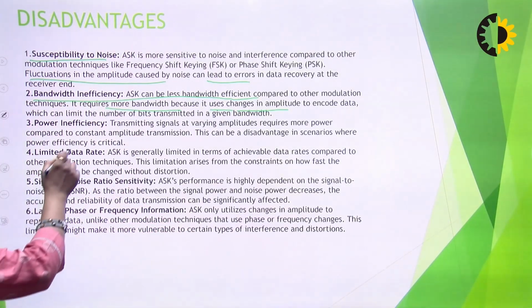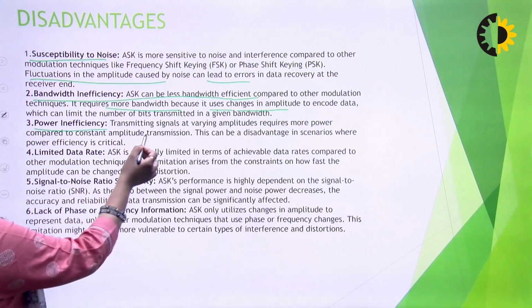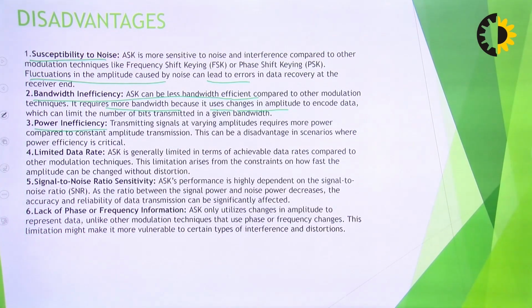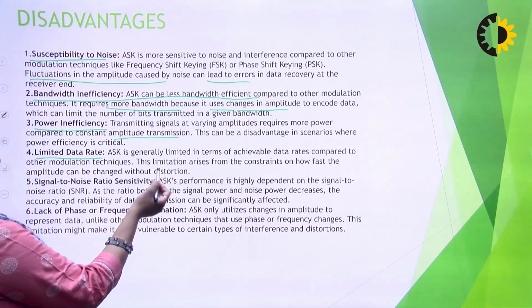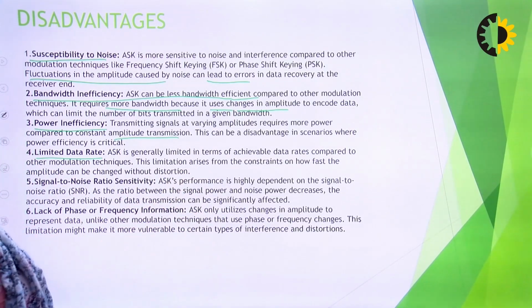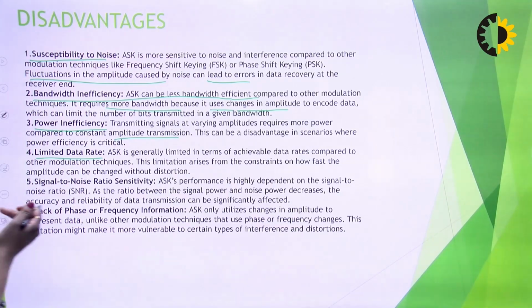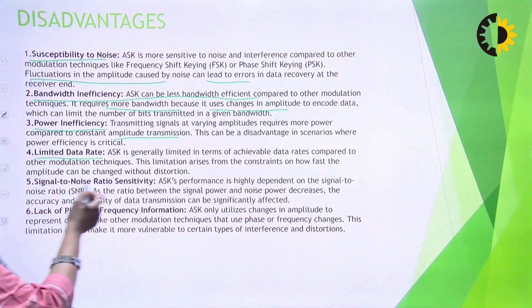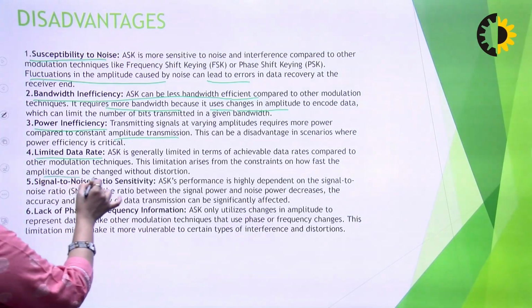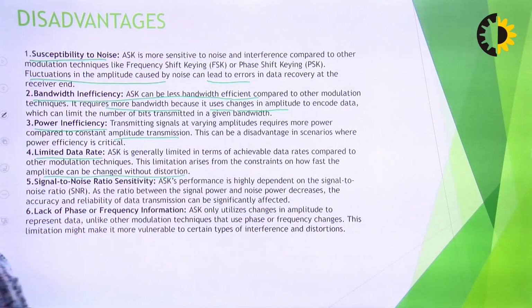Power inefficiency: transmitting signals at varying amplitude requires more power compared to constant amplitude transmission. Limited data rate: it is generally limited in terms of achievable data rates compared to PSK and FSK, because the limitation arises from how fast the amplitude can be changed without distortion, right?